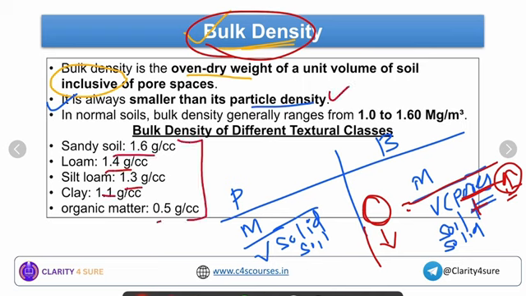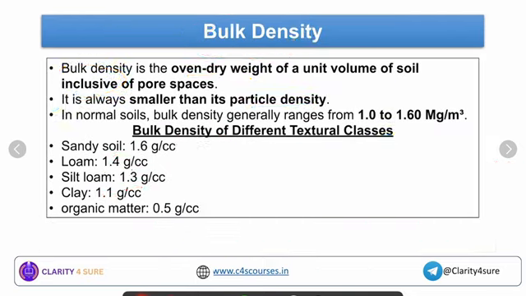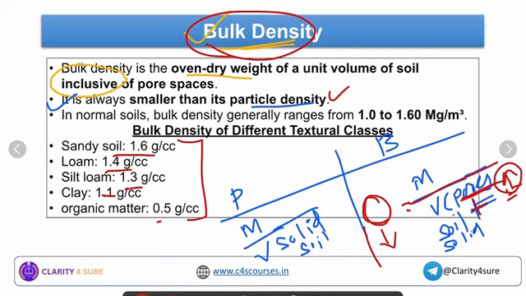You can see the ranges here, and you can compare these numbers. Please keep this in mind: because of the pores, we added the pore volume in the denominator, which increases it, and for that reason the value of bulk density is reduced. This is why it is always smaller than particle density. In normal soils, bulk density generally ranges from 1 to 1.6.